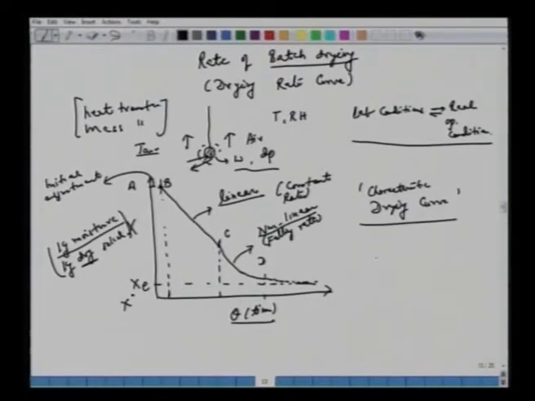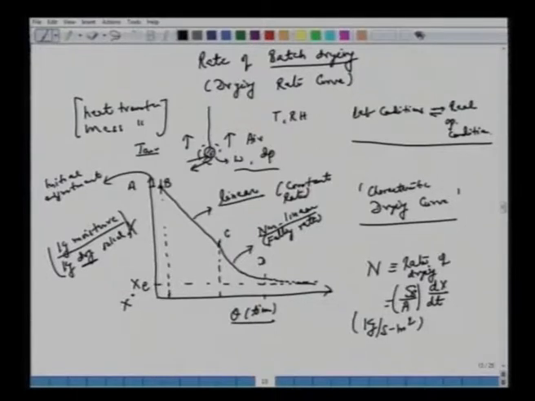Now if we define, like in the previous class, the rate of drying as N, the most common and practical way of defining it is this. Let's say the amount of dry solid, without any moisture, is SS, and the area exposed to the drying is A. So we define N as SS over A times dx dt, in kg per second per meter square.